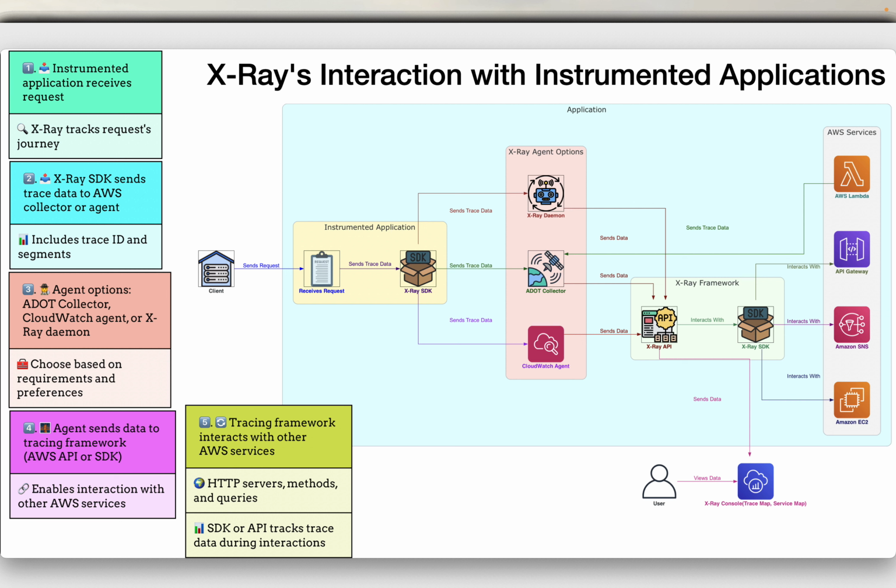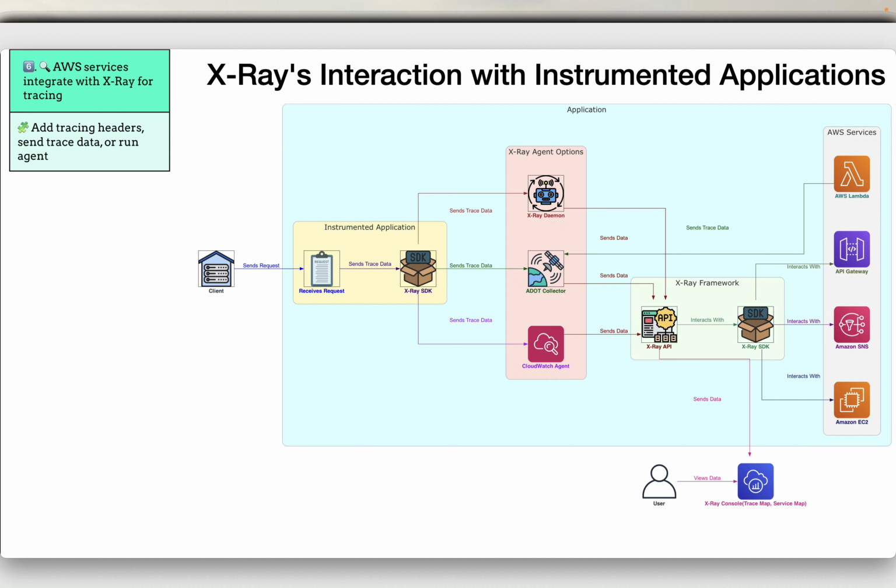The SDK or API keeps track of trace data during these interactions. Some AWS services such as Amazon EC2, Amazon SNS and API Gateway integrate with X-Ray. They can add tracing headers to incoming requests, send trace data to X-Ray, or run an agent to collect trace data.